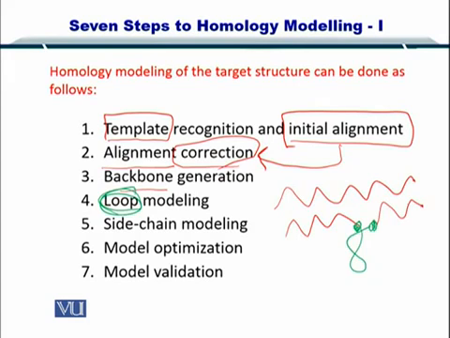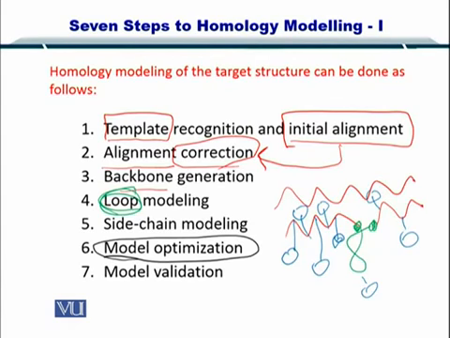And of course, this is followed by, as you know already, that every protein is formed of amino acids and every amino acid has a side chain. So you have to add side chains accordingly, and then you follow it up by optimizing the model, that is, by optimizing the structure of this protein.